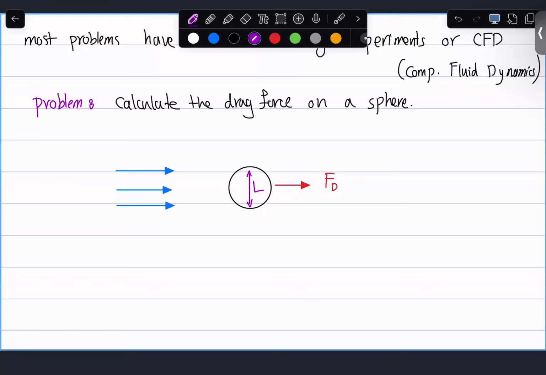Maybe someone else. So mass will turn out to be not important, right? We're assuming that this is a fixed sphere. So we don't care about the motion of the sphere. You have a fixed sphere. You want to know how much force is acting on it. The strength of that force, the blue arrows. The fluid. The fluid, yes.